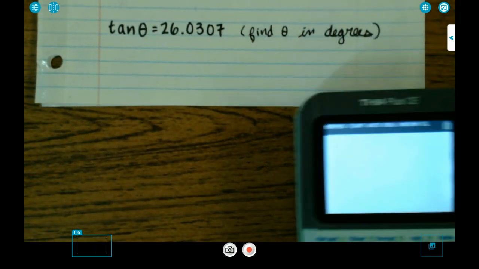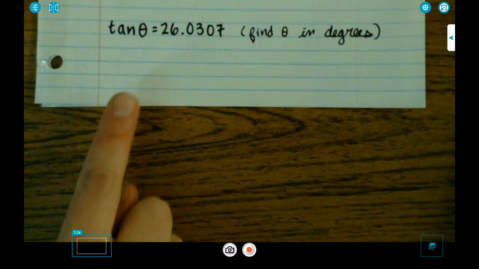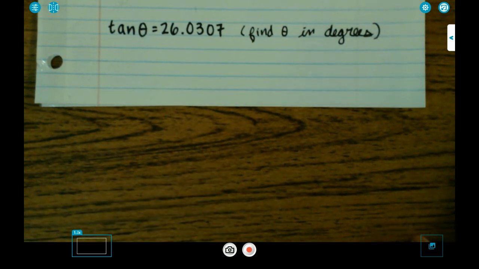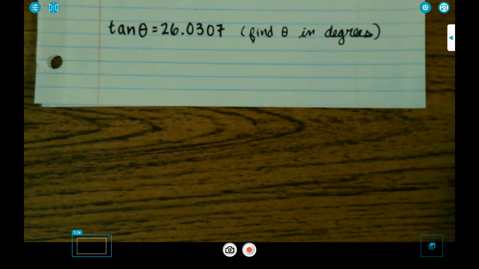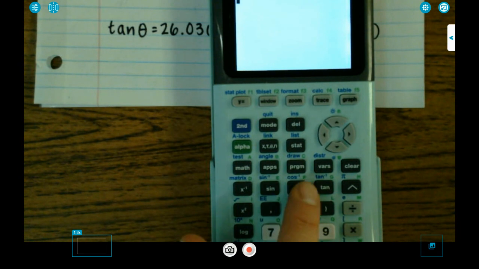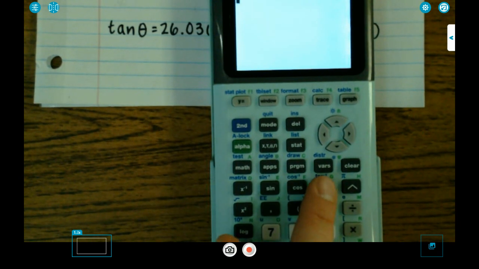So, how we find theta, if we know what one of our trig functions is equal to, is we use the inverse trig function on our calculator. That is the function above sine, cosine, and tangent. See the sine to the -1, cosine to the -1, tangent to the -1.